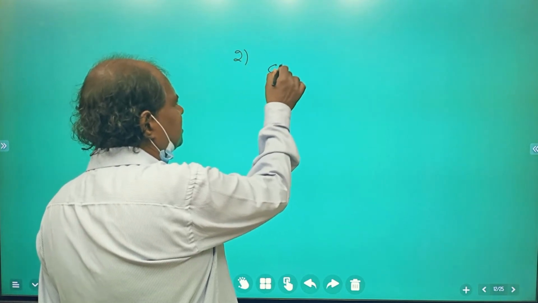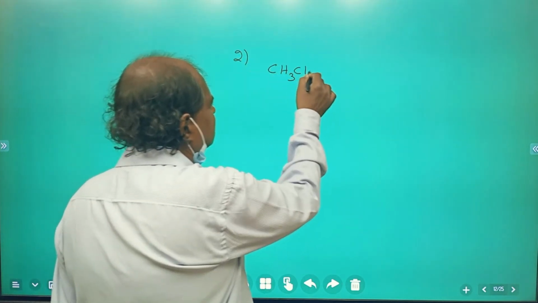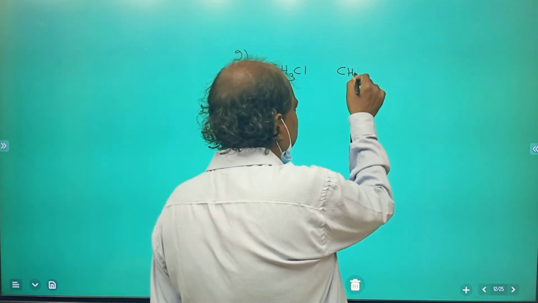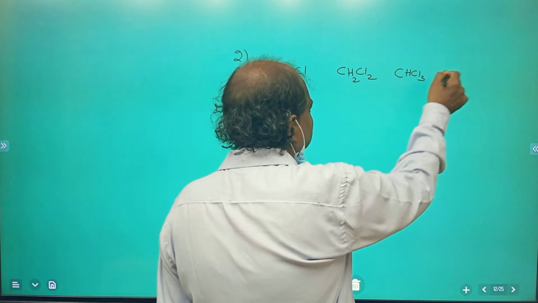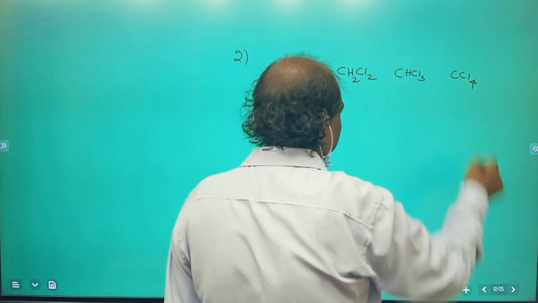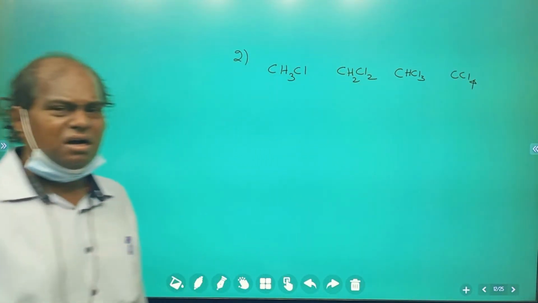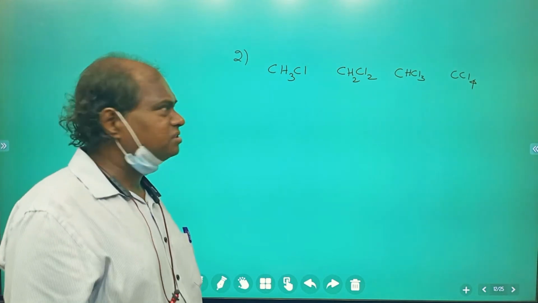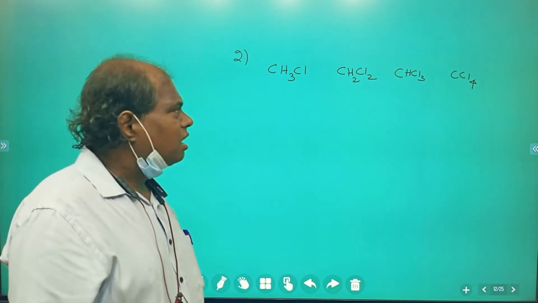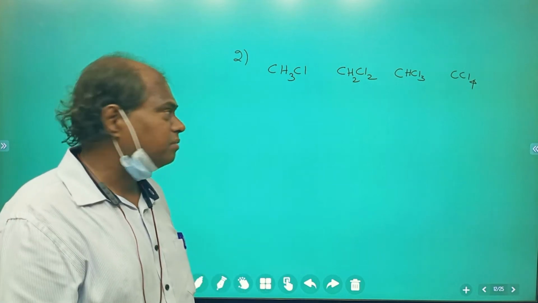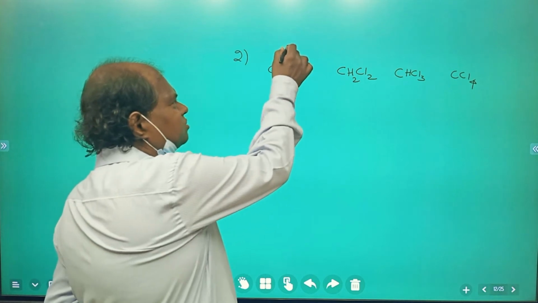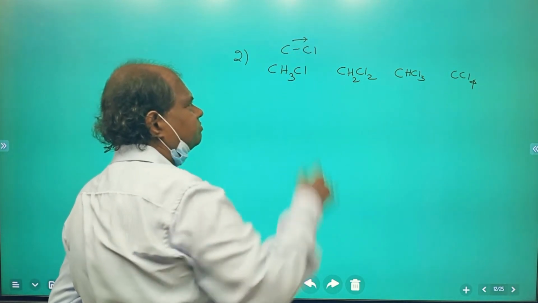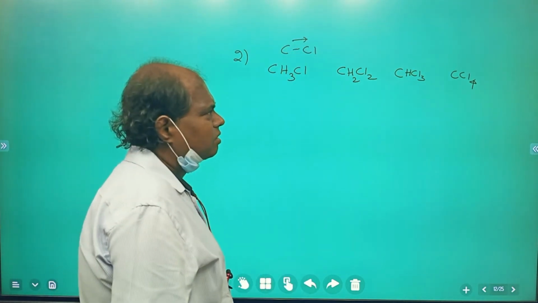Next question is CH3Cl, CH2Cl2, CHCl3, CCl4. Now these are the four molecules. Again, they will ask you to arrange the order of dipole moment. Remember, carbon-chlorine bond is there, so there will be a dipole, plus to minus, right?